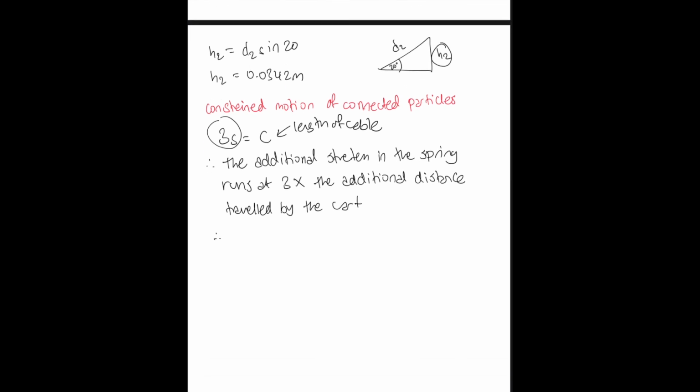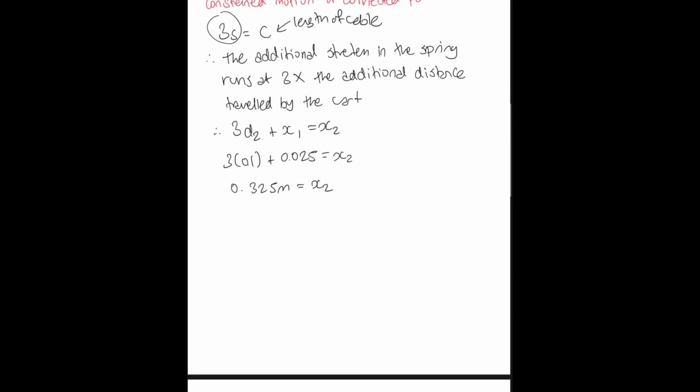Or in other words, 3d2 plus x1 is equal to x2. Now once we plug in our known variables, we're going to have 0.325 meters is equal to x2.